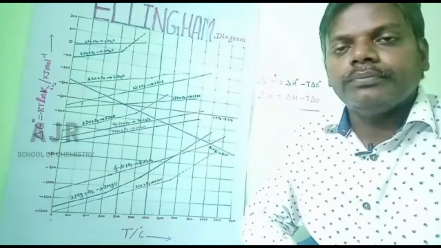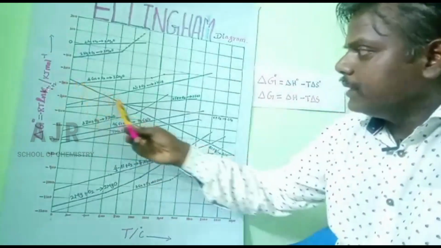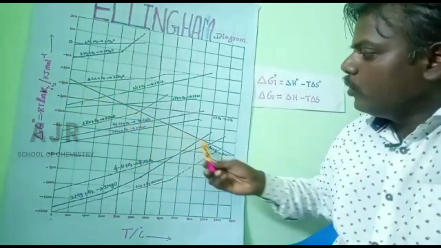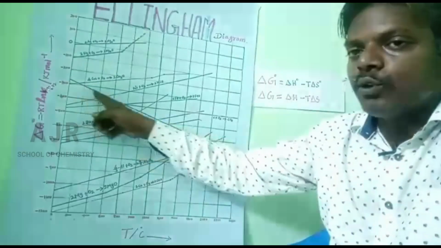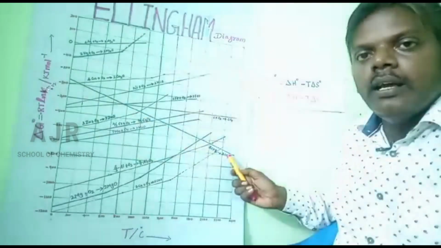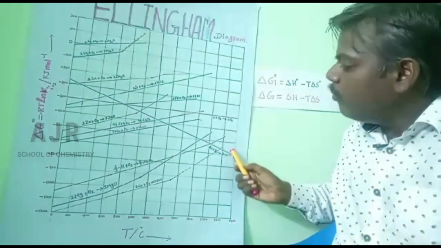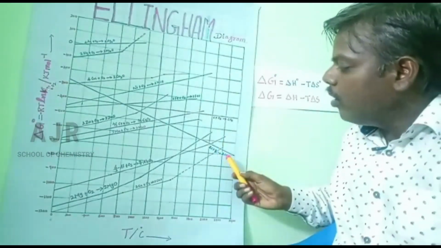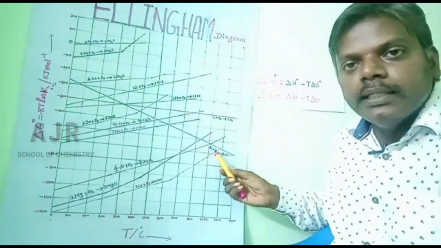Observation number 2. For the formation of carbon monoxide, the slope is negative. Look at here, the slope is negative for the formation of carbon monoxide, and this is because 2 moles of carbon monoxide are formed by the consumption of only 1 mole of oxygen.